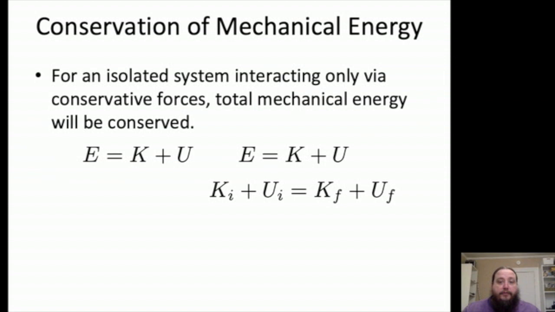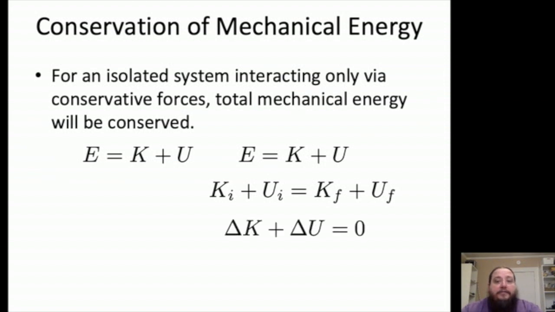And so we could write down an equation which says the total energy at the beginning of our experiment is the same as the total energy at the end of our experiment, or the total energy at moment 1 is the same as the total energy at moment 2. And then literally you just have to write down on one side of the equal sign the total energy at moment 1, and on the other side of the equal sign the total energy at moment 2.